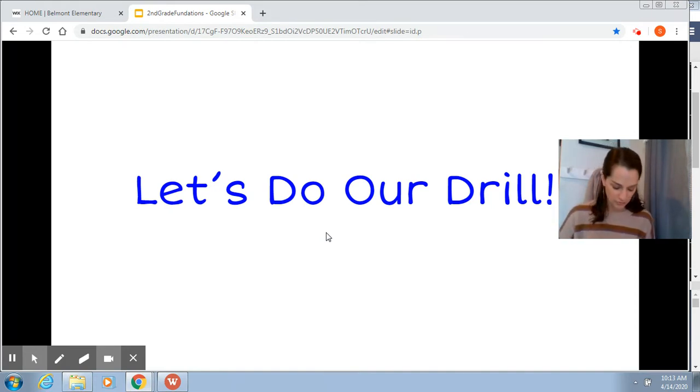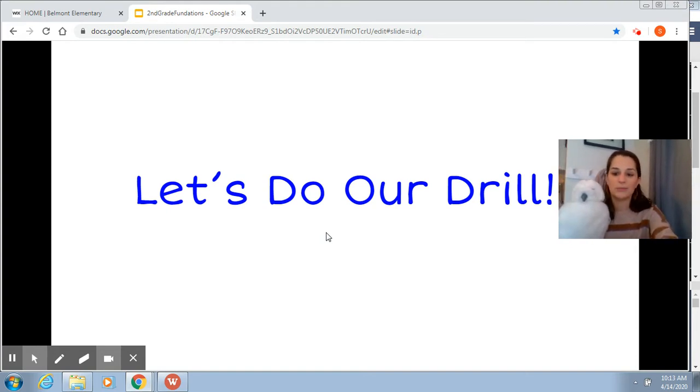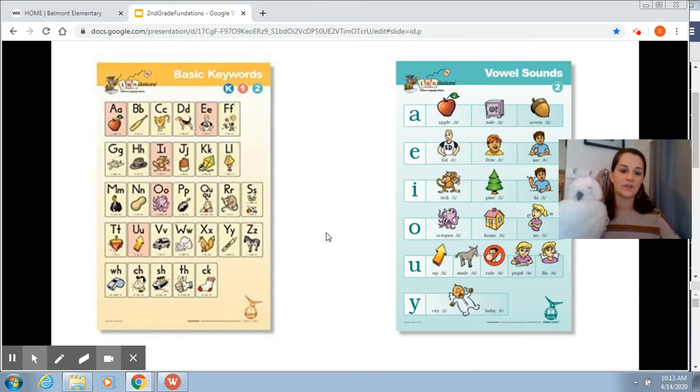And here to do our drill with us, as usual, we have Hedwig. Whenever I raise Hedwig in the air, your job is to repeat the letter sound that I just said. Okay, you ready? We're going to start with our alphabet. And when we do our vowel sounds, we'll start with our short vowels. Here we go.